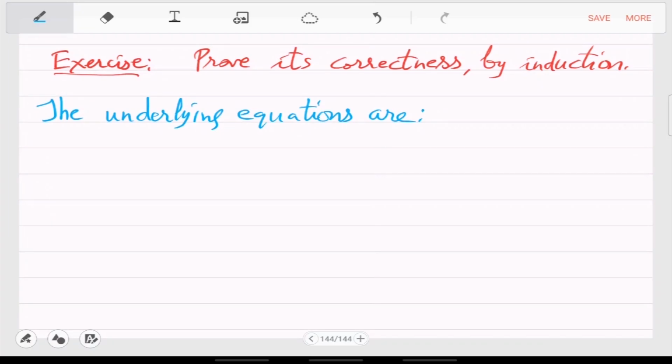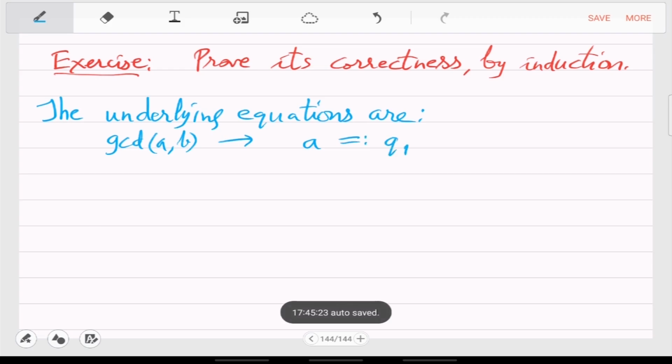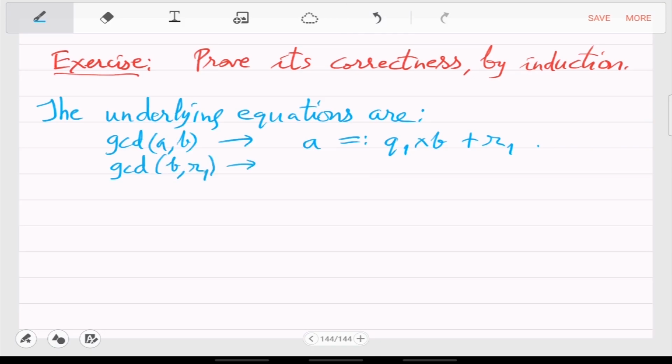So when you call GCD A comma B, you get the definition of Q1 and R1. Next time you will call R1 comma B, or B comma R1. So that will give you the definition of Q2 and R2, and so on.